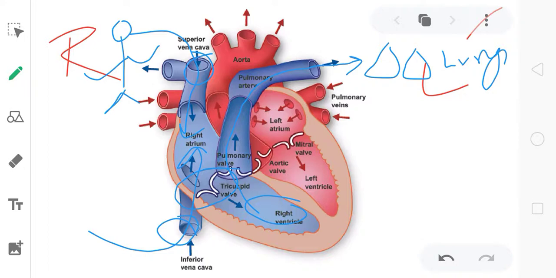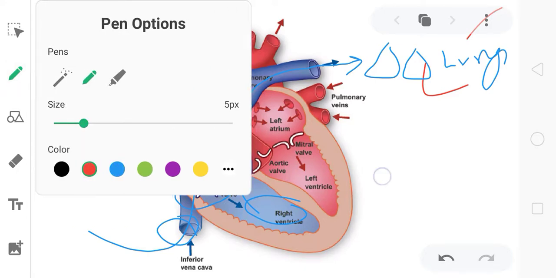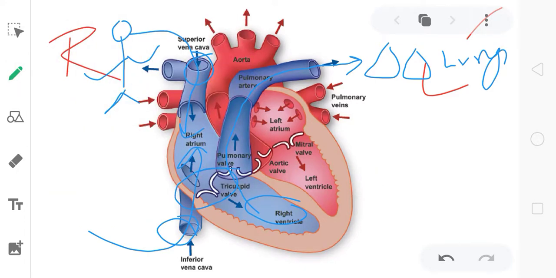After the oxygenation process by the lungs, the oxygenated blood comes from the lungs to the left atrium through the pulmonary vein, and through the mitral valve, the oxygenated blood goes to the left ventricle.